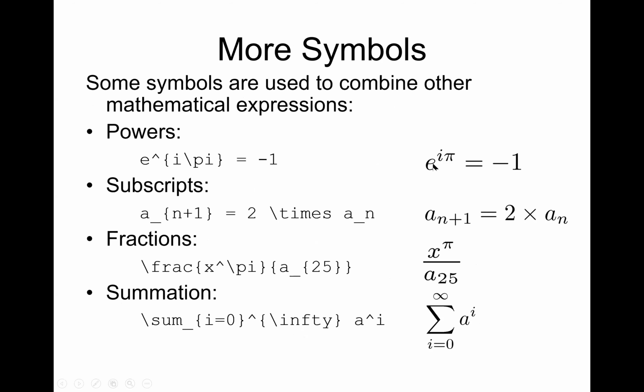If you want to type e to the power of i pi equals -1, then this is how you're going to type e, then the exponent sign, then you put it in curly brackets. Backslash pi is a keyword or a command, so you have to put the backslash pi and what you want to produce.